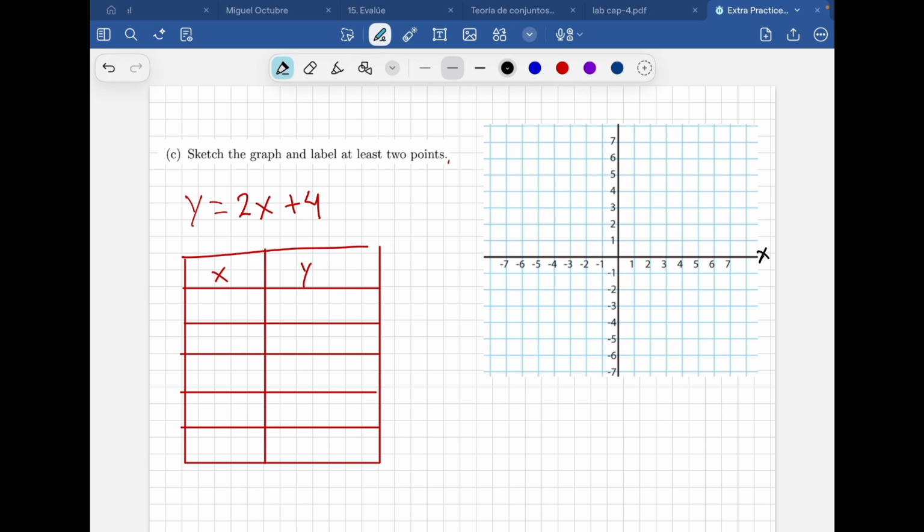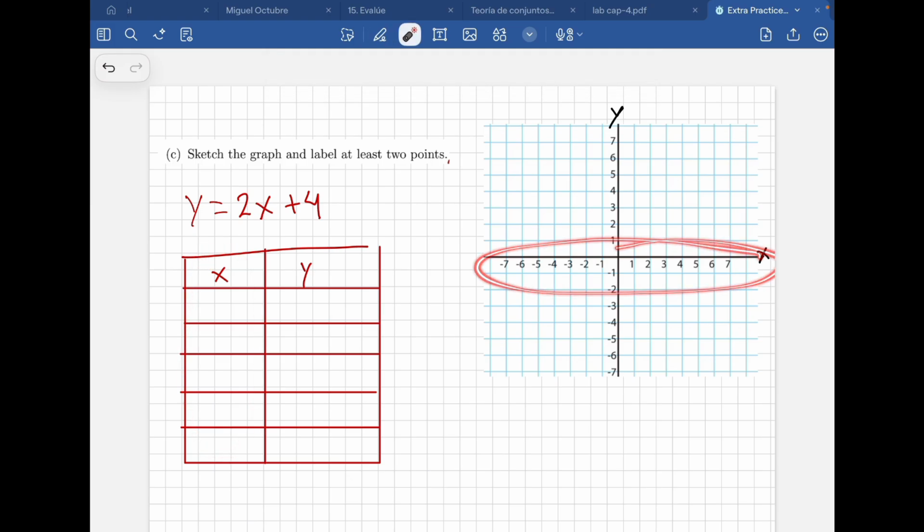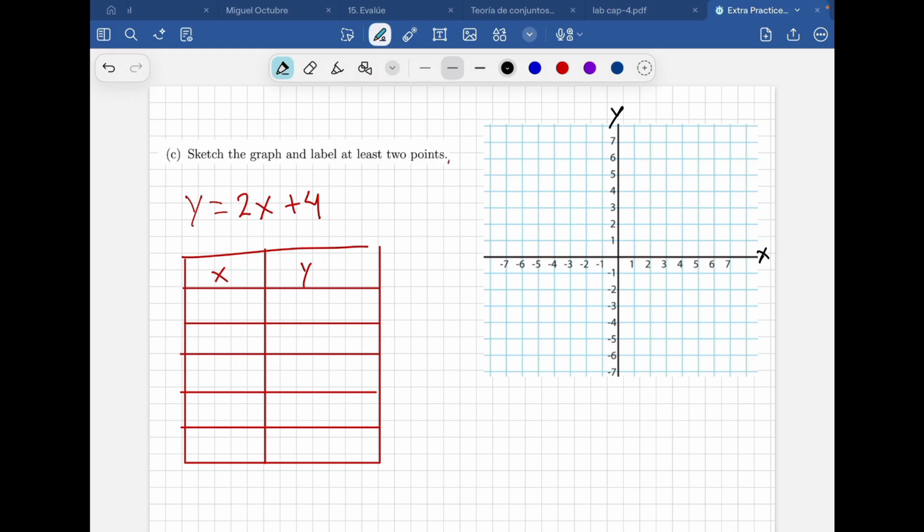Remember, this is x, and this is y, the vertical axis. So what we are going to choose is values for x, on this axis. Then we substitute the x in the original equation. For example, I want to use maybe -2, -1, 0, 1, 2.